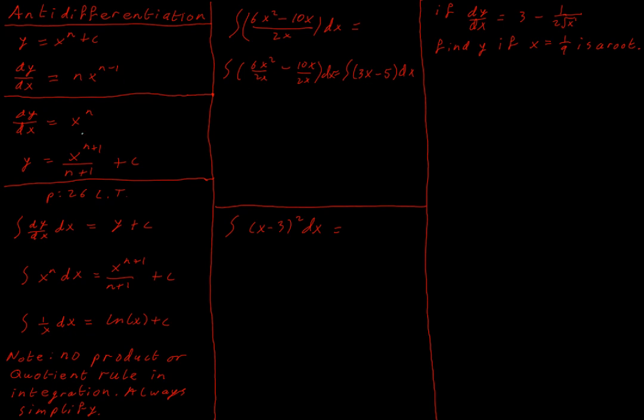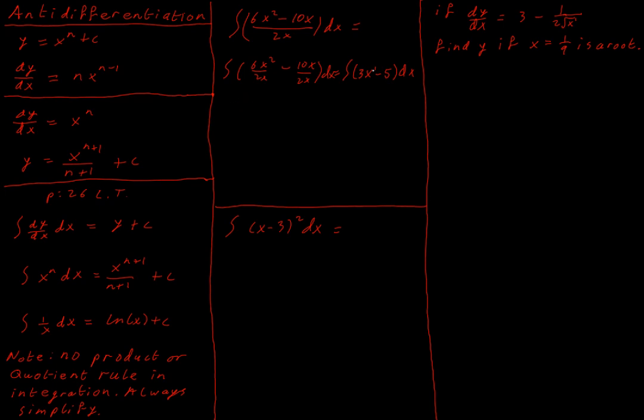Now let's apply our rule. We have 3x to the power of 1, and we have just a constant here. Now, as we discussed in differentiation, you can think of a constant as having 5x to the power of 0. So you can imagine that there's an x to the power of 0 in here, and you can apply your rule then.